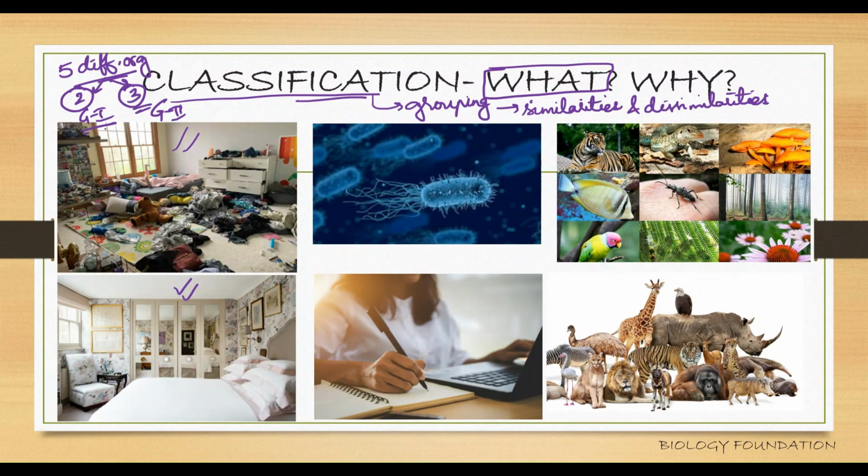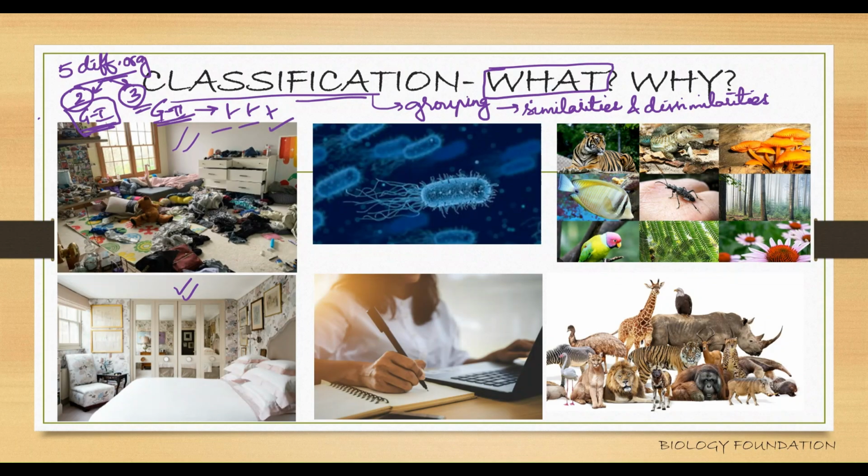Now, if you study any one organism in group one, it's enough. Why? Because if you study that one organism, we can know that the second organism also shares the same properties. In the same way, even in group two, instead of studying about all the three organisms, if you study just about one organism, the same features or properties are shared by the other two organisms, right?